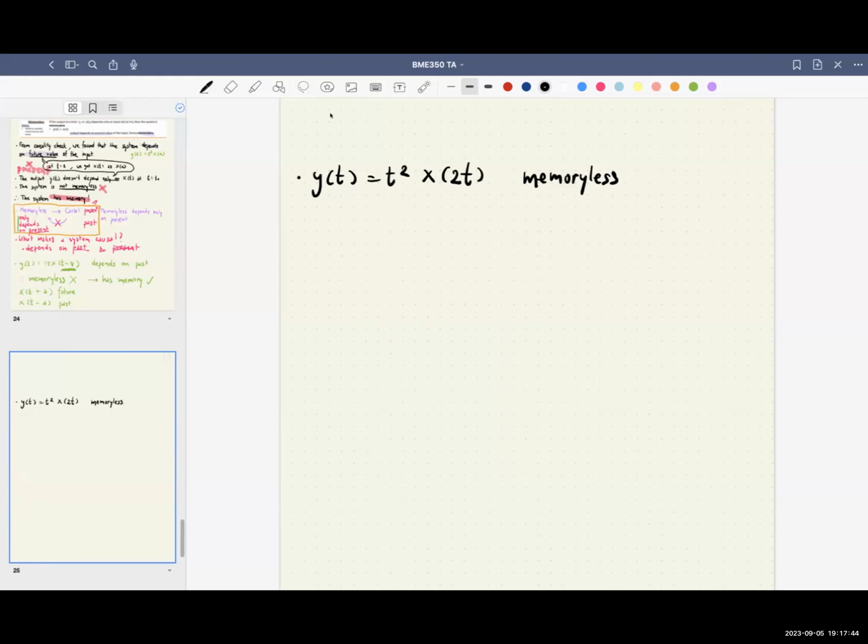Okay, is this system memoryless? Like I said, t squared is just an amplitude, right? So we can treat it as not mattering here. The real dependence of the output is on x(2t) as an input. And this 2t part is double the time, which means it's sometimes in the future.